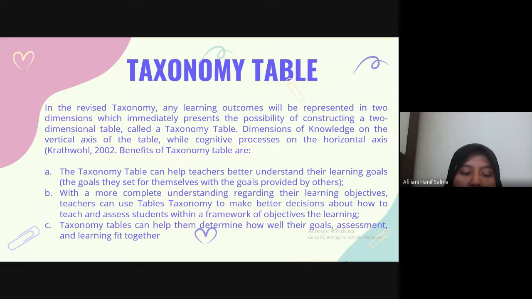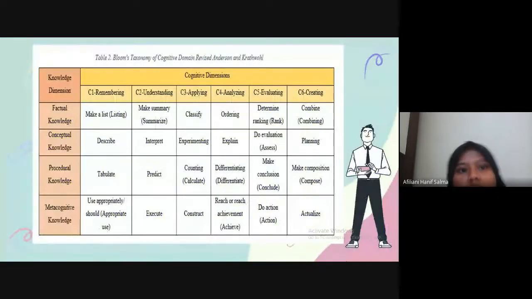And the last benefit is that the taxonomy table can help them determine how well their goals, assessment, and learning fit together. So this is the Bloom's taxonomy of the cognitive domain revised by Anderson and Krathwohl. Anderson is a student of Bloom.